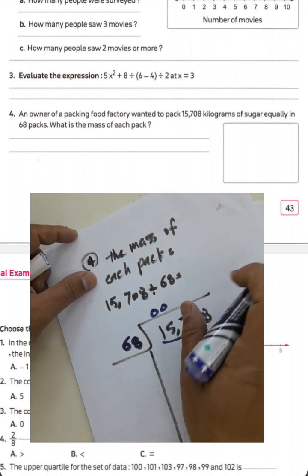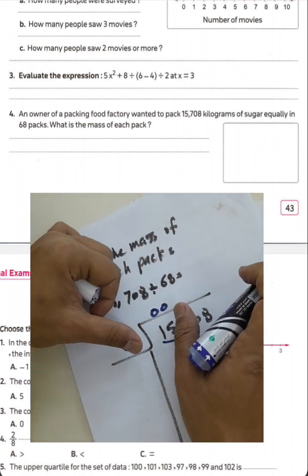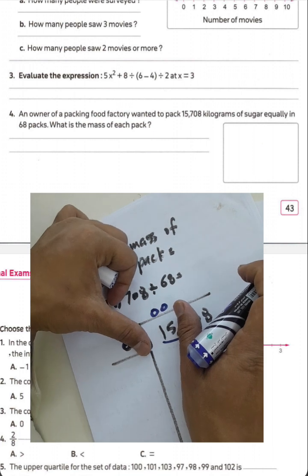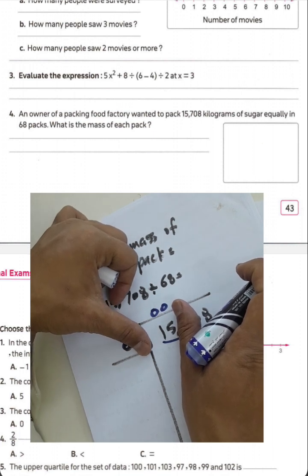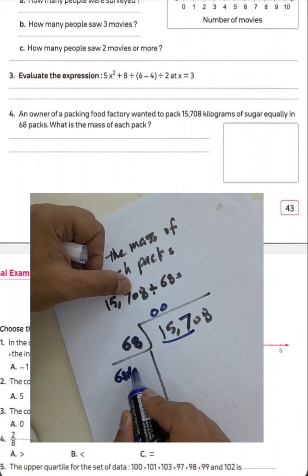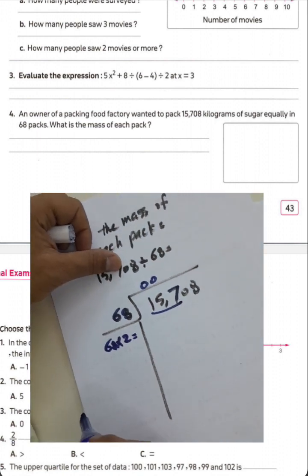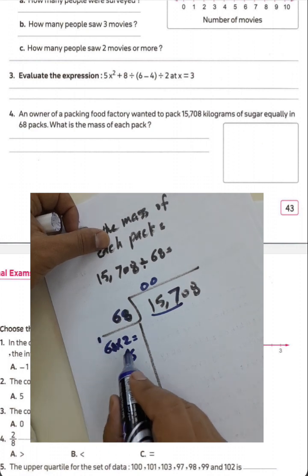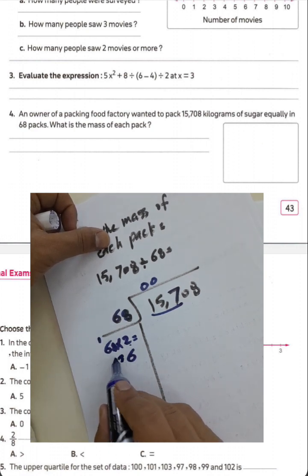We must take 1 digit by 1 digit, and 15 divided by 6, the nearest number will be 12, because 2 times 6 equals 12, nearest to 15. Then we can find the multiplication between 68 and 2. We know 2 times 8 equals 16, write 6 and carry 1, 2 times 6 equals 12, plus 1 equals 13. The result will be 136.